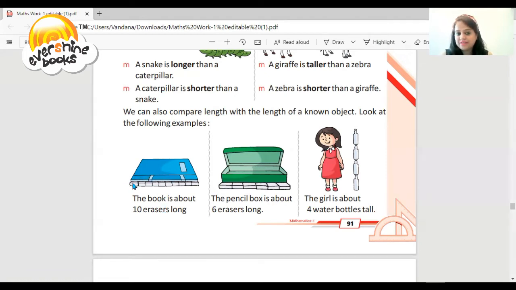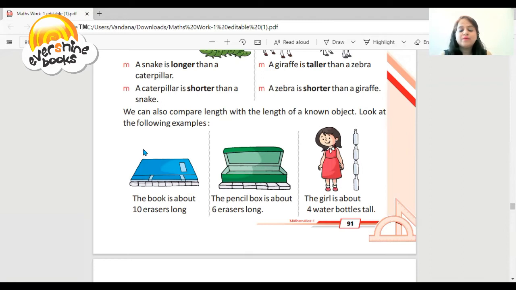Just count the erasers: 1, 2, 3, 4, 5, 6, 7, 8, 9, 10. Or you can say one book is equal to 10 erasers. Your book and my book are different, so you can say about 10 erasers.